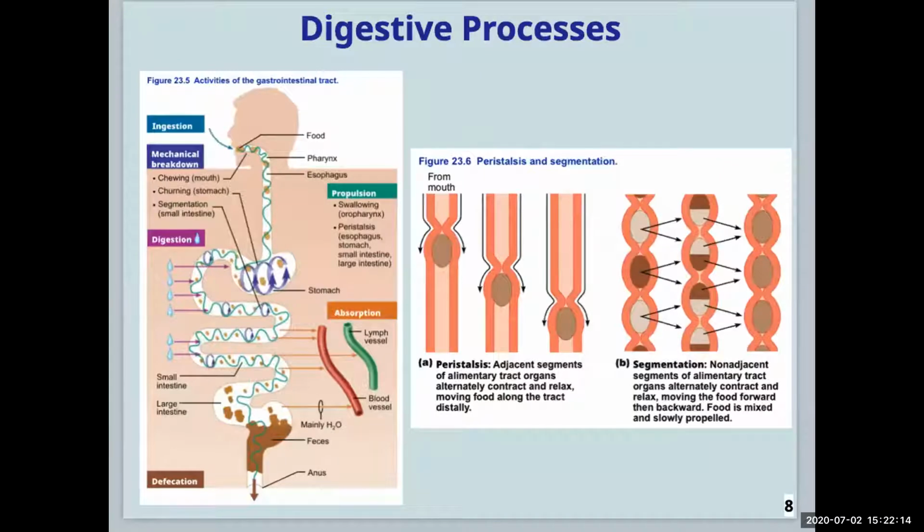Now let's take a look at the digestive processes. These are the activities you'll find in your digestive tract. Okay, and these processes include ingestion, so eating, propulsion, mechanical breakdown, okay, digestion, absorption, and defecation.